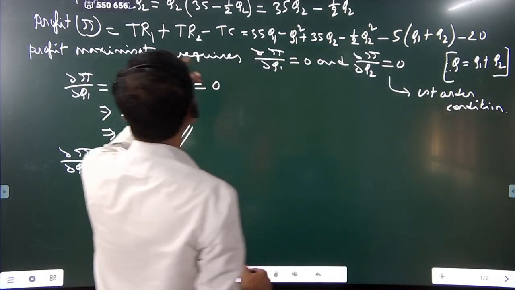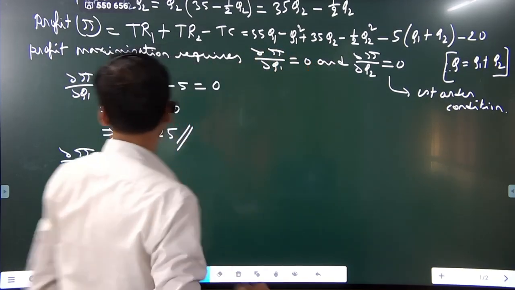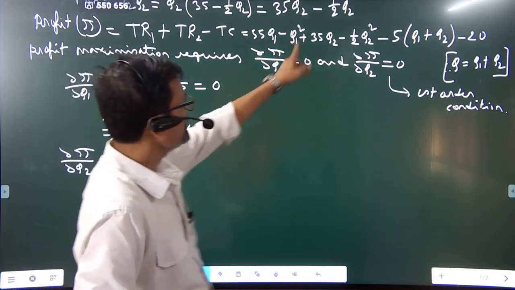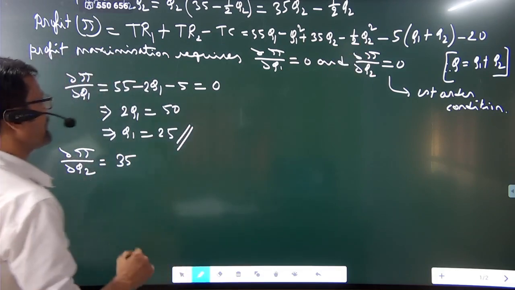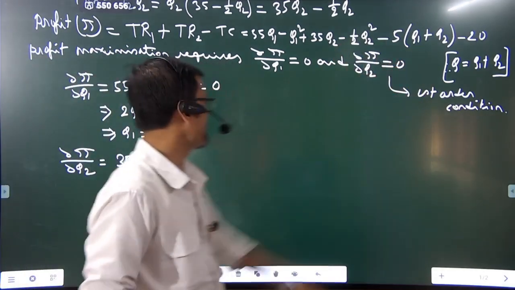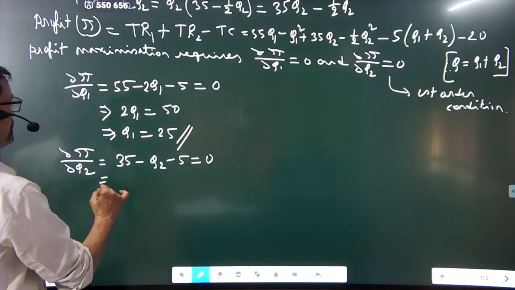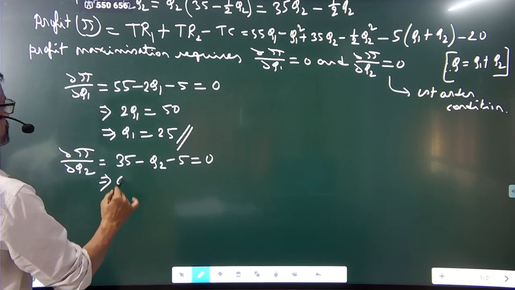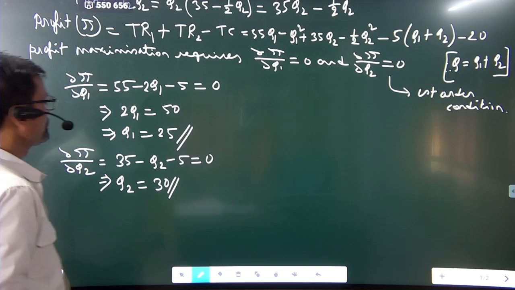From 35 q2 we get 35, and from half of q2 square we get minus q2, and again minus 5 is equal to 0. So 35 minus 5, so ultimately q2 results in 30 units.